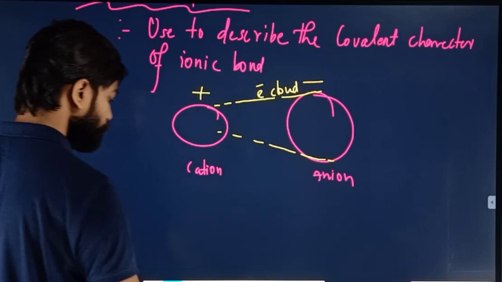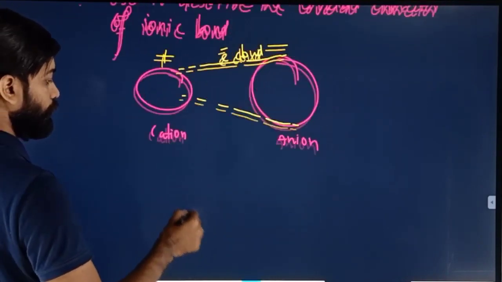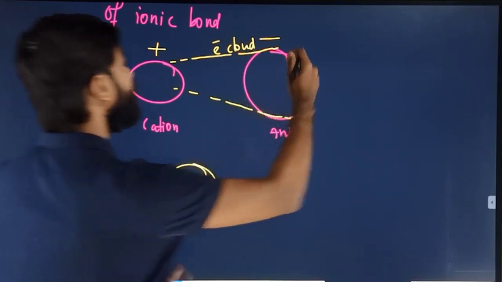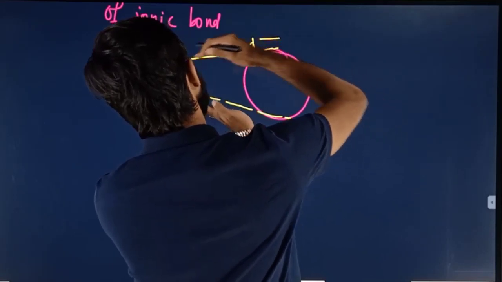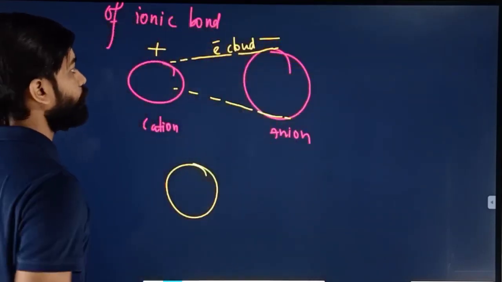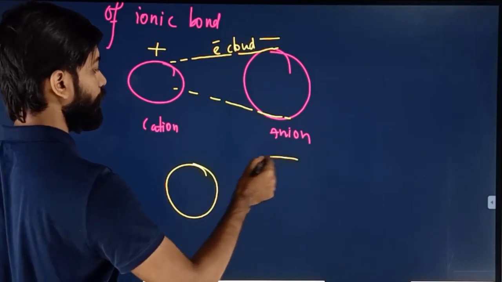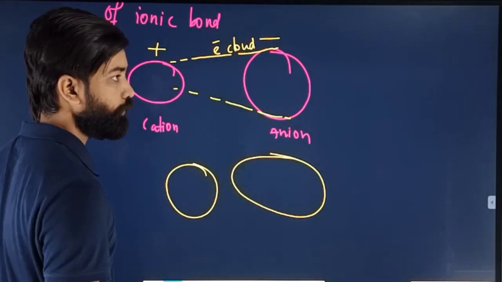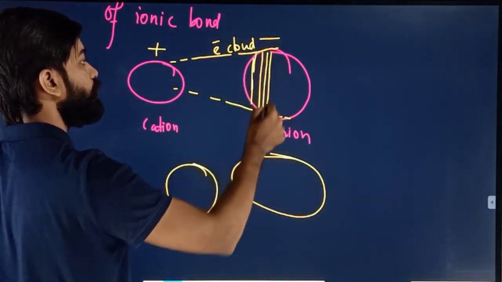What happens is, when the electron density moves towards the cation due to its attraction, the shape of the anion gets distorted.